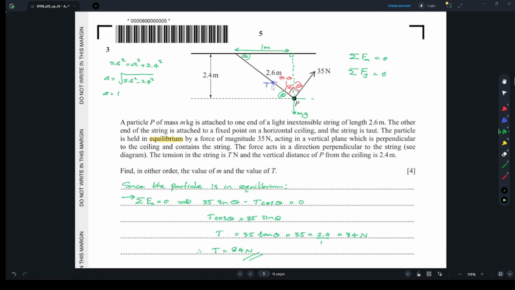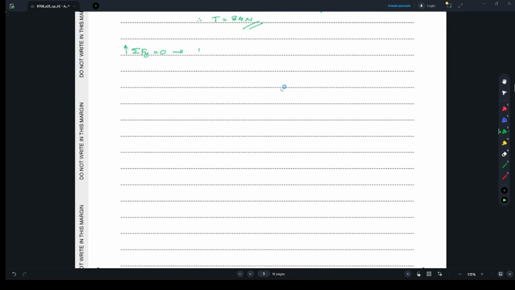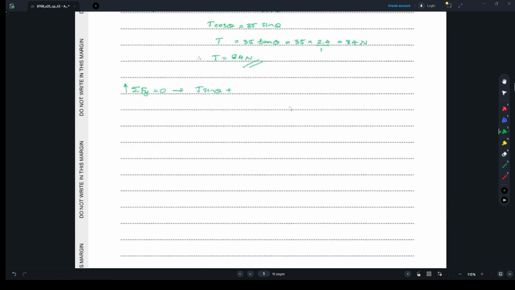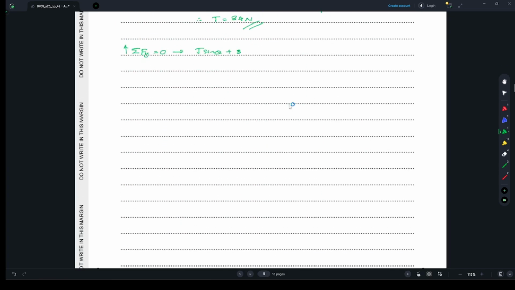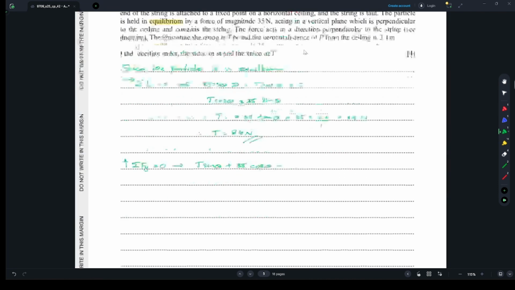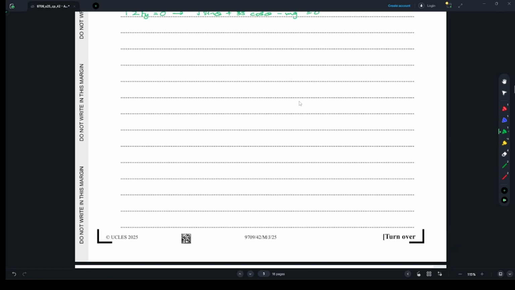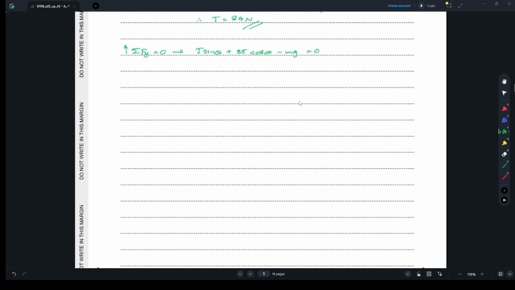We have a component from T, so T sine theta, plus, with 35, we rotate anticlockwise so theta is there, so 35 cos theta, and minus we have mg equals 0.